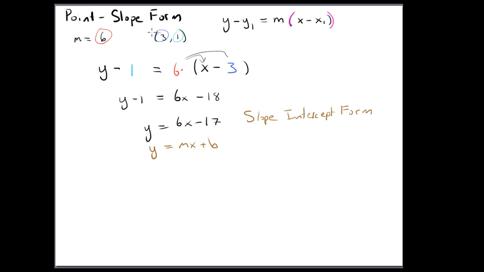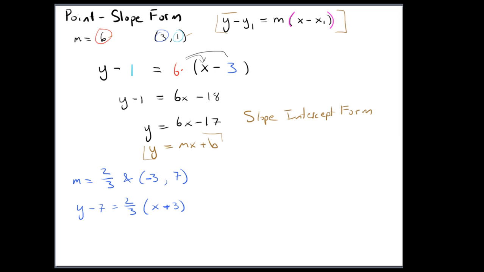So for point slope form, I can start off with a point and a slope. I put it into this equation, and if I wish to, I can solve and manipulate to get it into slope-intercept form. There's another example. If my slope is equal to 2/3 and I'm looking at the point, let's make this negative 3 comma 7, then I would have y minus 7 is equal to 2/3 x plus 3.